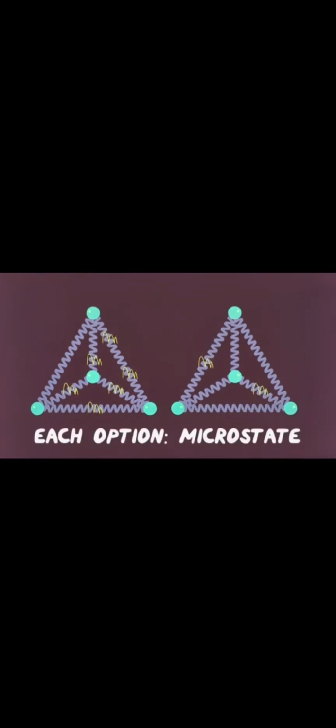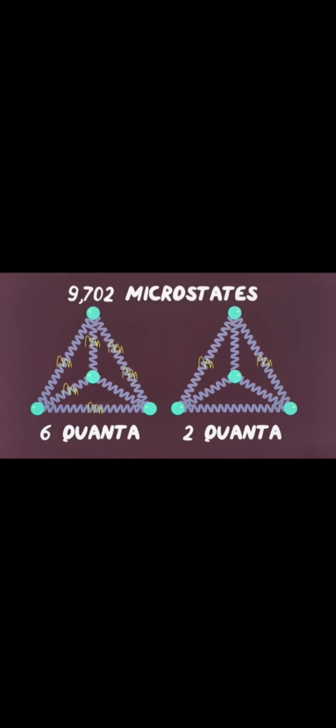It turns out that there are numerous ways that the energy can be distributed in the two solids. Each of these options is called a microstate. For 6 quanta of energy in solid A and 2 in solid B, there are 9,702 microstates. Of course, there are other ways our 8 quanta of energy can be arranged.